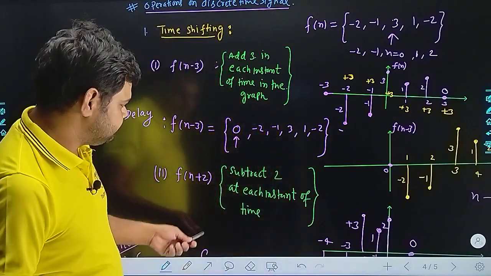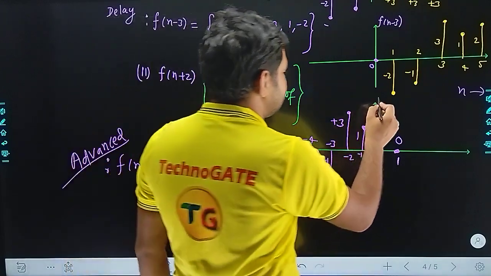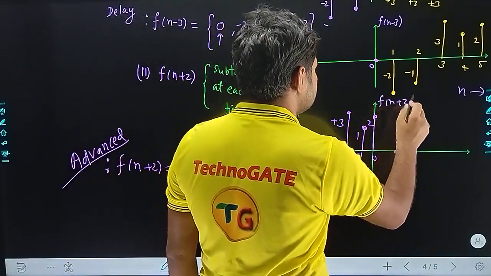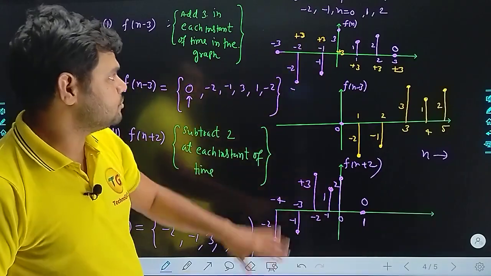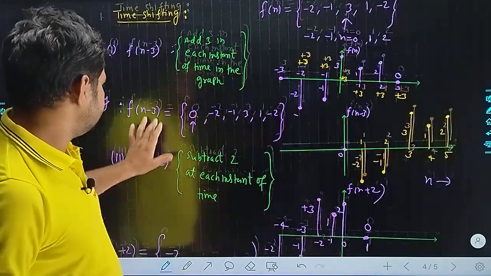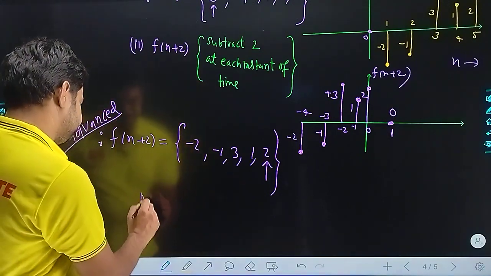Let's write a note point here. Have you understood all this discussion that we have made over here? This is what we have drawn, guys. This is f of n plus 2. Please note the graph also. Note all these 3 graphs, along with the expressions of each one. Noted. Now let's write a note point.